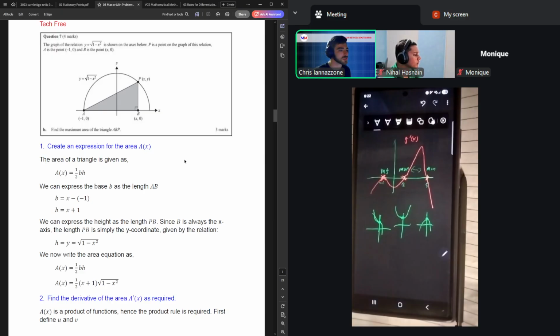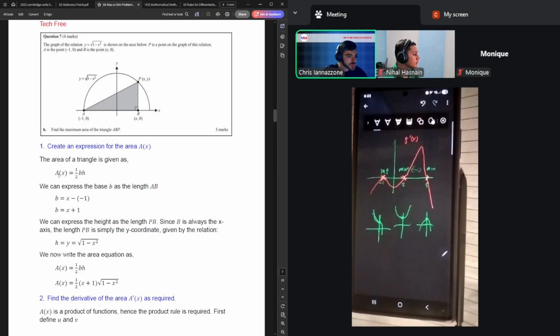That's all the way in step 1, which is when you're actually creating your area equation. Cool. I'm sure you can figure it out eventually. I was just curious if we recognize it immediately.